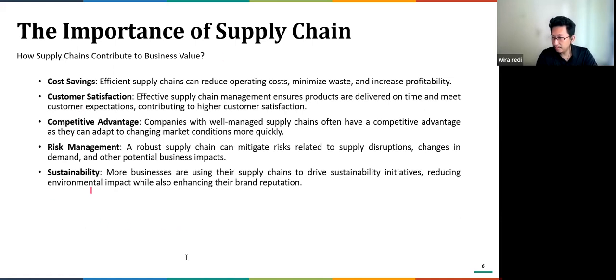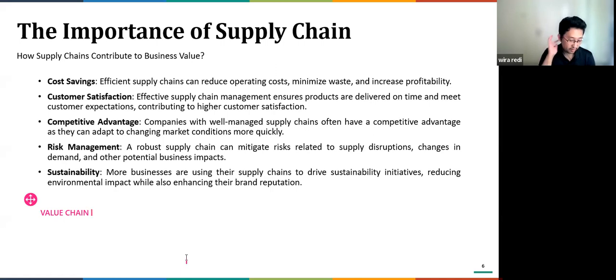Value chain is not similar to supply chain, but basically supply chain is something that you need to manage well in order to have a bigger improvement in your value chain. Value chain is how you improve the value of your products and your services.